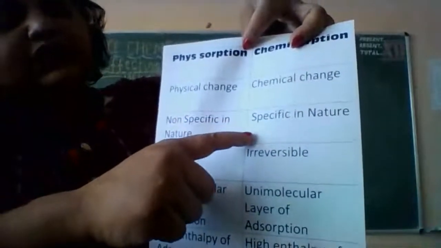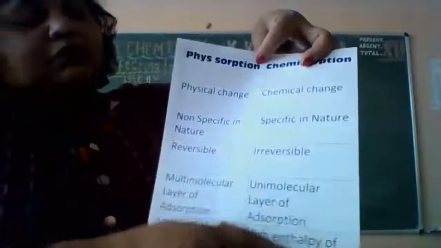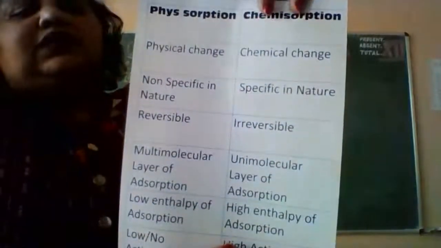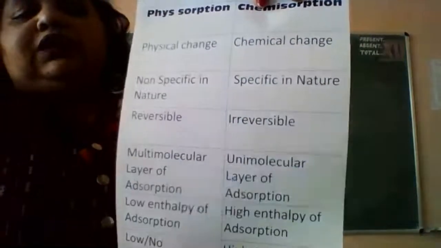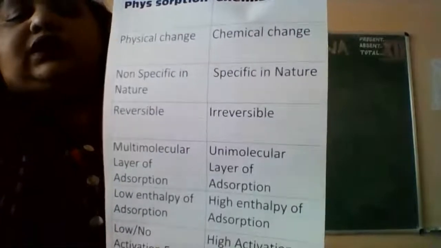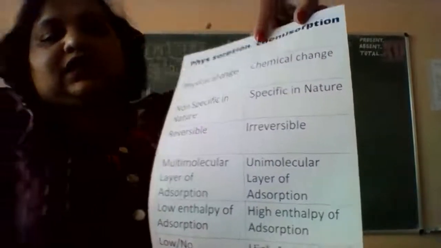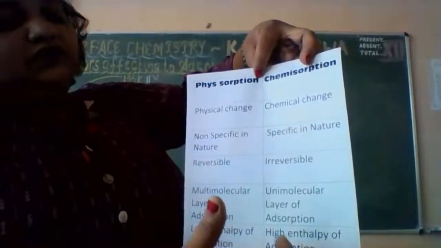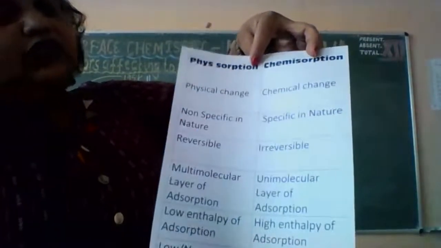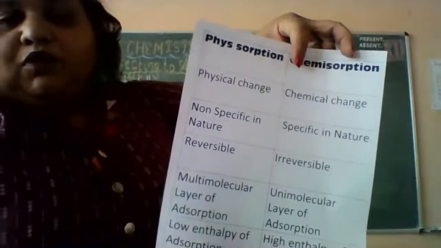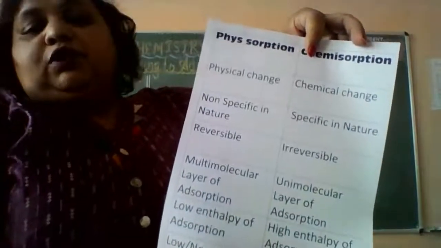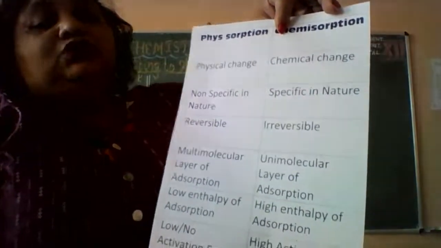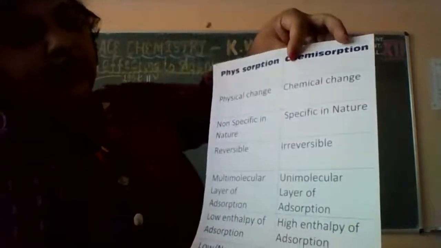Chemisorption is specific in nature because chemical bonding is a characteristic feature. If their valencies or chemical bonding abilities are such that they can make the bonds, then only it happens. Positive cannot make the bond with positive, similarly negative cannot make the bond with negative. So that's why it is specific in nature.